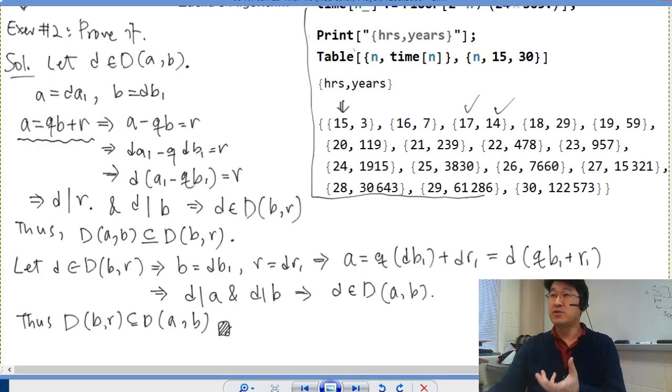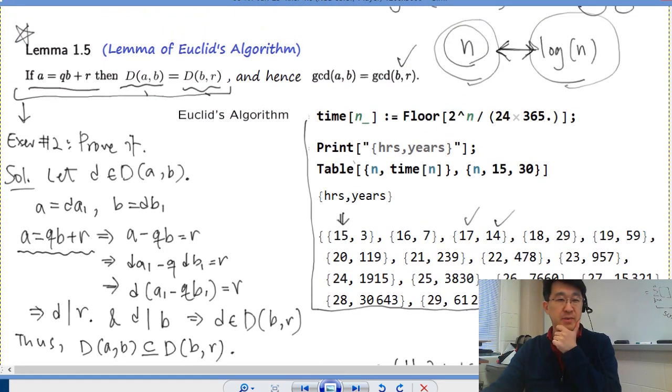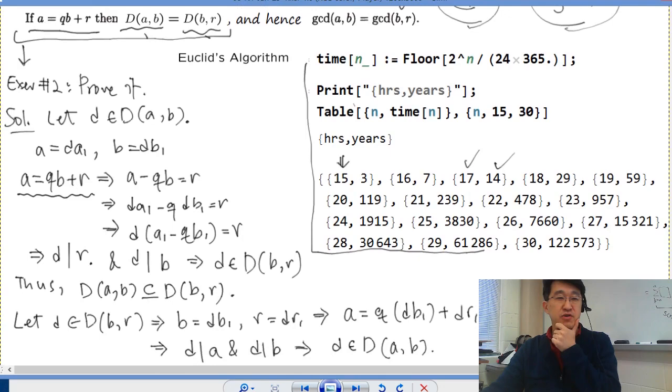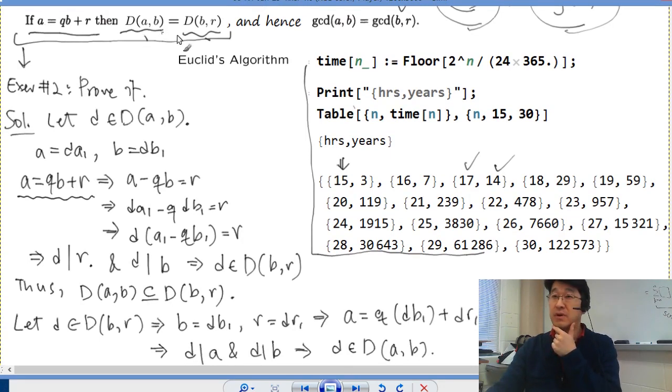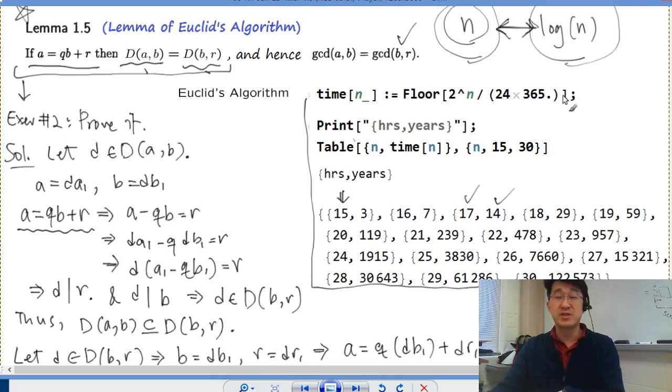All right. You actually have to learn the algorithm. This is just a lemma of an algorithm. So what just happened here is that you started with A and B. That's a large-size number, right? Then you can switch to B and R. What's good about R? R is smaller than B because it's a remainder, right? It doesn't say here that R is a remainder. That's another interesting thing.